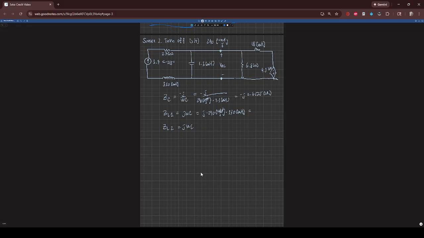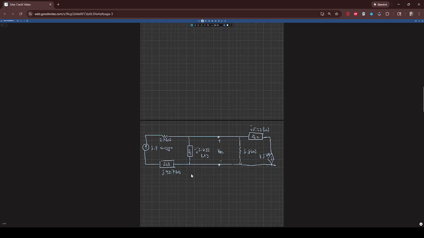And 290 times 18 millihenries gives us j 5.22 ohms. Okay, now we've got the impedance for all the components.